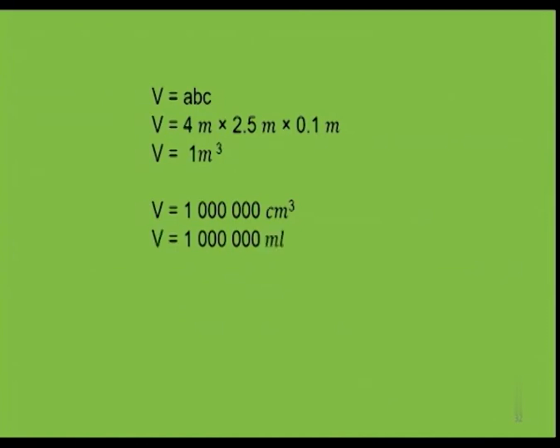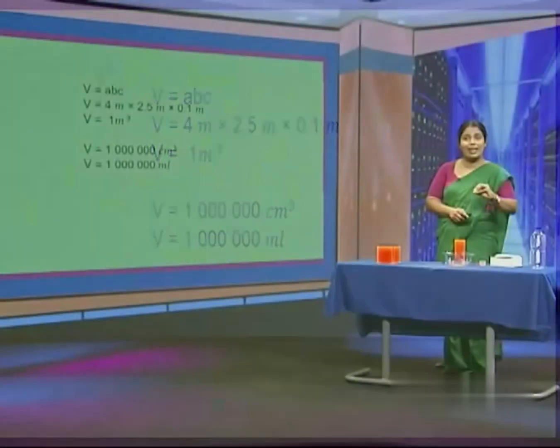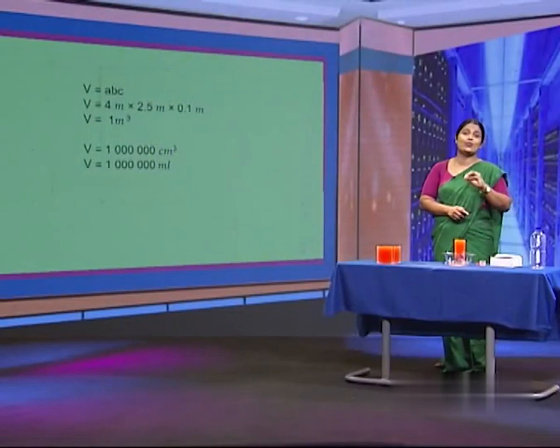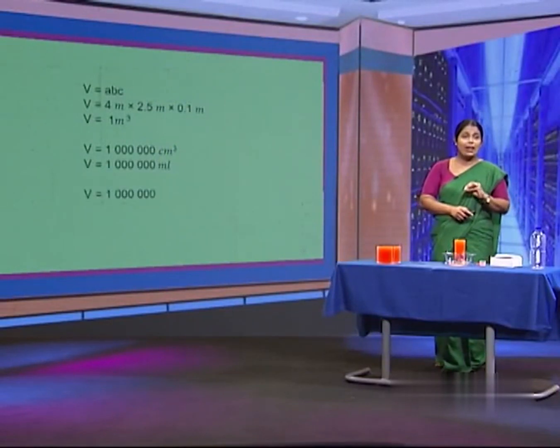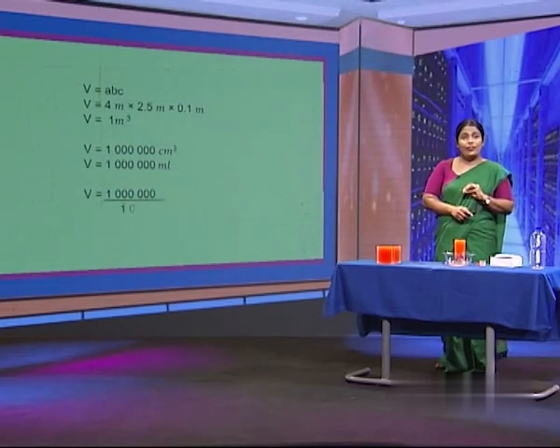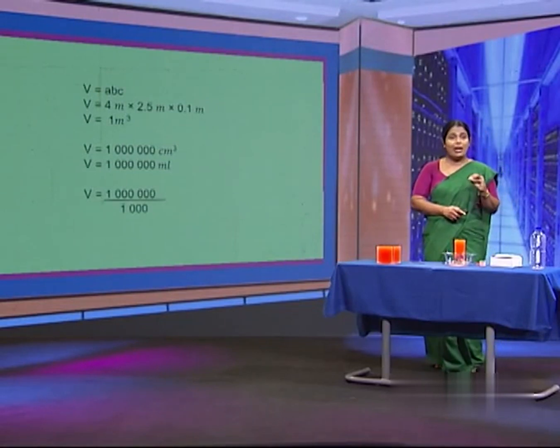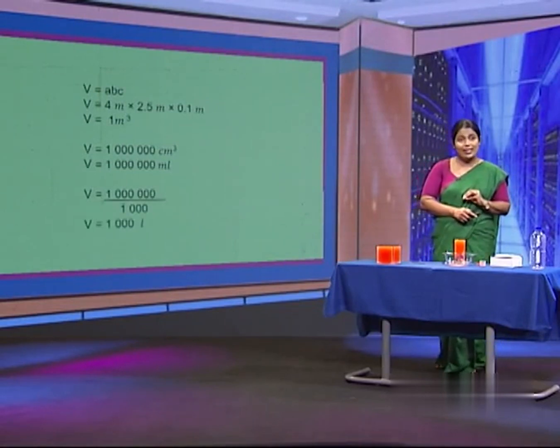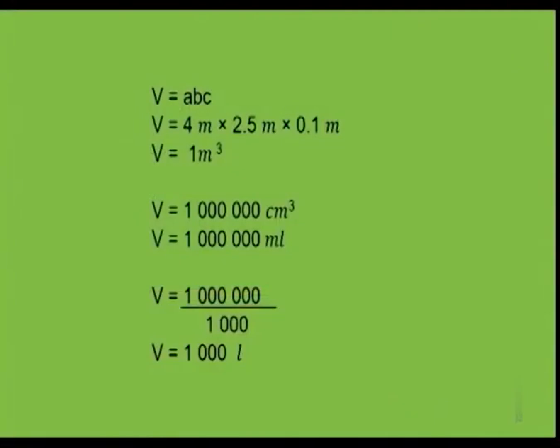Then, how do you convert these milliliters into liters? Yes, you can divide this value by 1000. If you divide 1 million by 1000, what is the answer? Yes, the volume is 1000 liters.